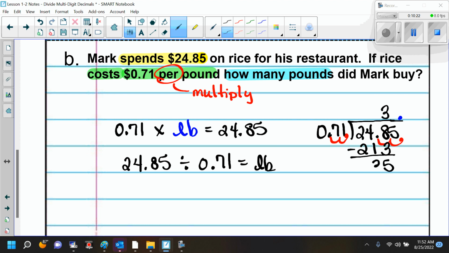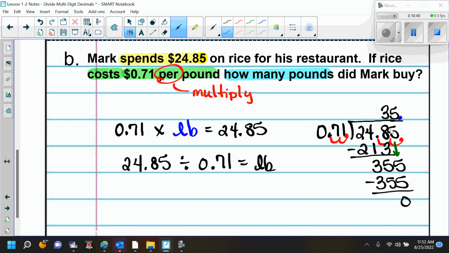And 4 minus 1 is 3. And now we're going to bring down the 5 so we can continue dividing. And how many times does 71 go into 355? 5 times. So this is going to be 5 times 71 is 355. And there's my 0 remainder.